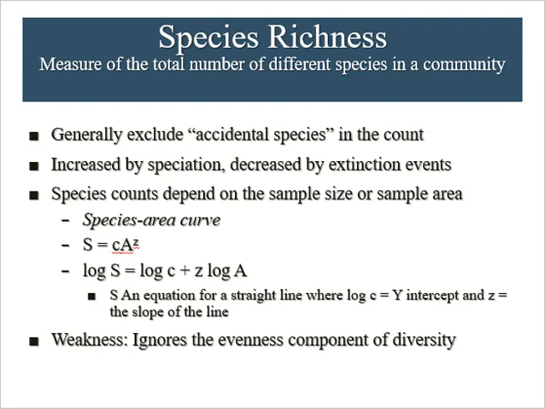You may have an area that has maybe 20 different species, but it's not going to be as diverse of an area if half of those species only have one or two individuals representative of that species.